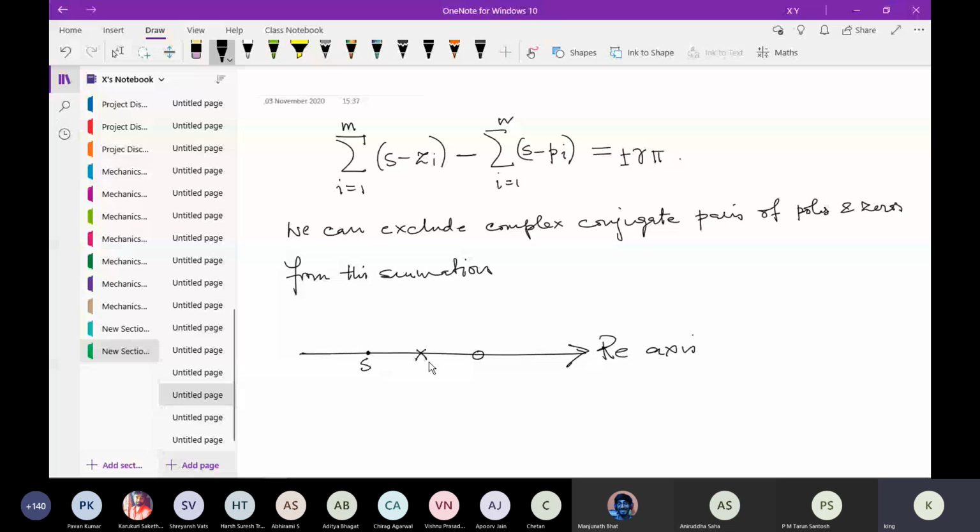The S is to the left of two roots. So if it is a pole and a 0, then what will happen? Anyway, one will contribute. Okay, just a moment. Let me start with something simpler.